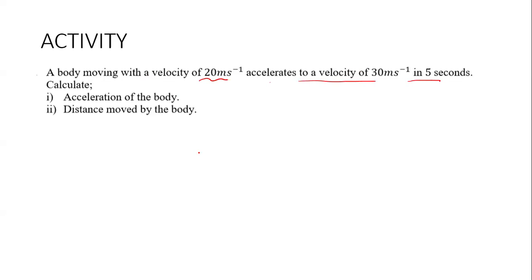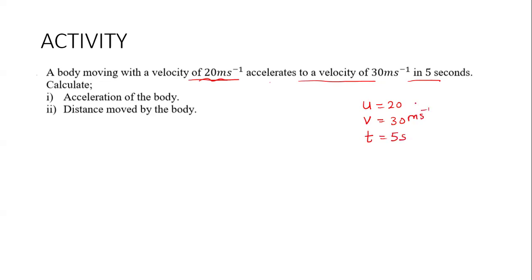Oh, it is different. Now, the first thing you do, first summarize. So I'll say a body moving with a velocity. So initially it is 20. So I'll say my U is 20. My V is equal to 30. My time T is 5 seconds.